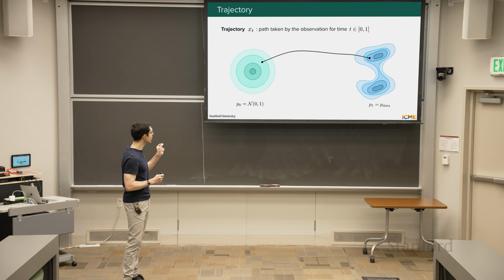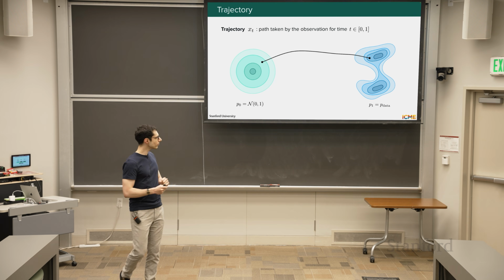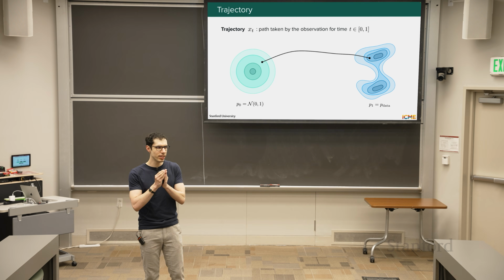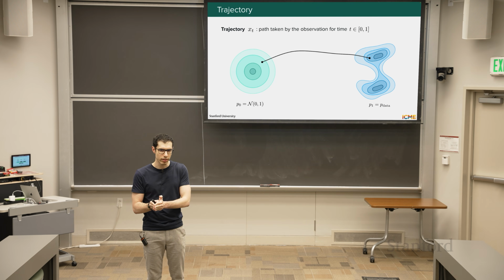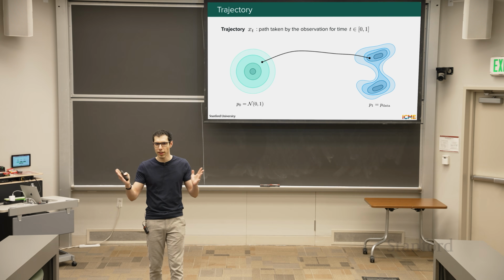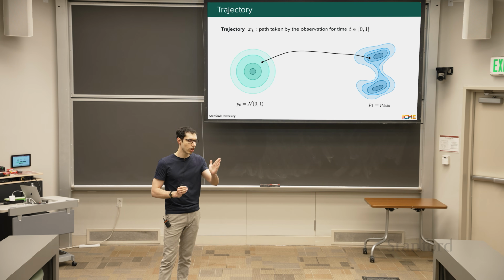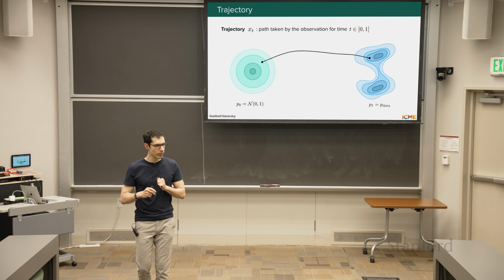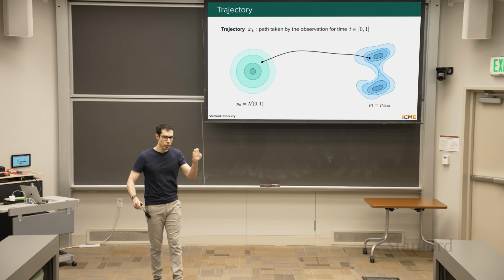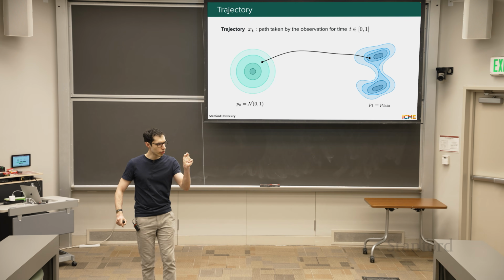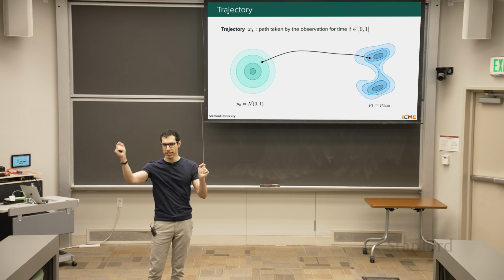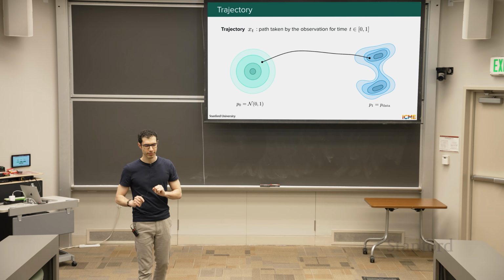So the trajectory is noted xt, and it is the path that is taken by an observation between times 0 and 1. So by the way, the time 0 and 1 is arbitrary. It's just a way for us to say, okay, when are we starting and when are we ending? And so here at time t equals 0, we have x0, and what we want to do is for our trajectory to map a point from p0 up until p1. So that's our goal.